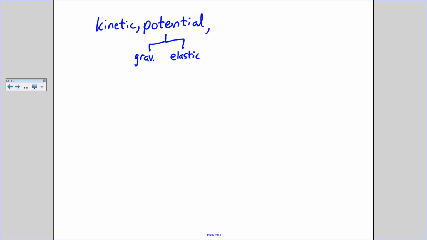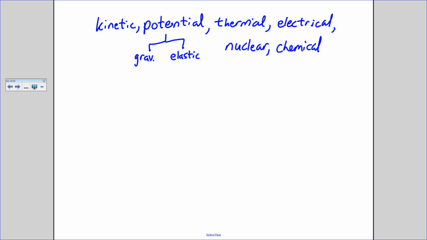There's also thermal, chemical, nuclear, electric. The whole next chapter will deal with thermal energy. Electrical energy, we'll do in a later chapter. Nuclear, chemical. Right? And all of these things are related to the ability to do work.